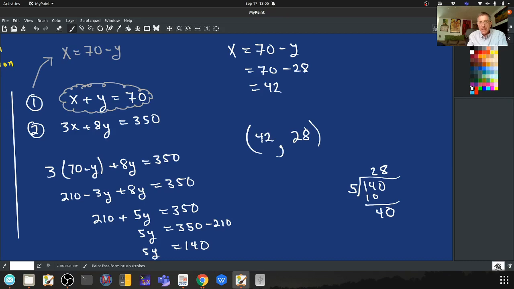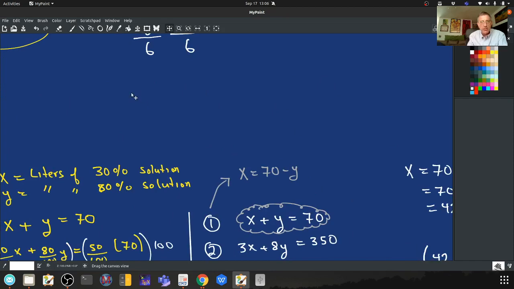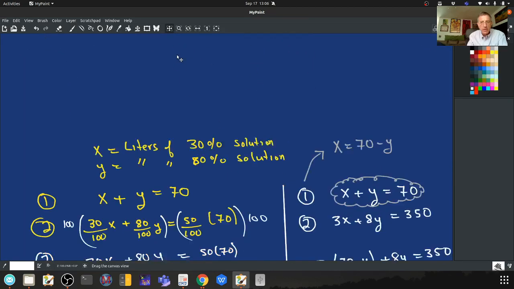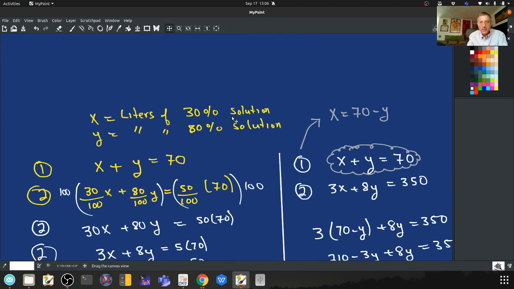So we need 42 liters of my 30% solution and 28 liters of the 80% solution. I think that's much easier than the other way that we do it, to be honest with you.